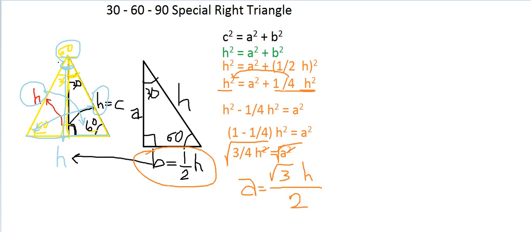Wow! So we have now the value of A, which is the square root of 3 times H all over 2, the value of B, which is 1 half of H, and of course H.